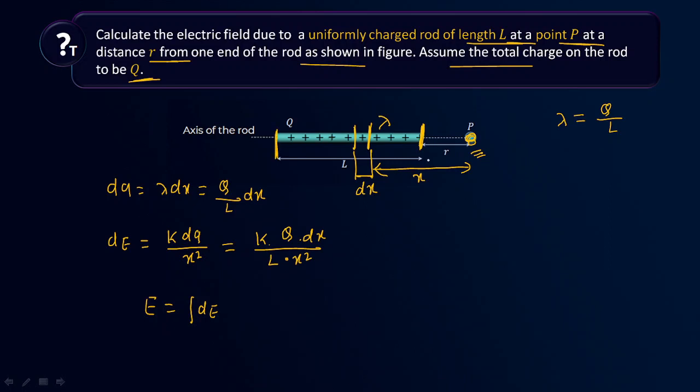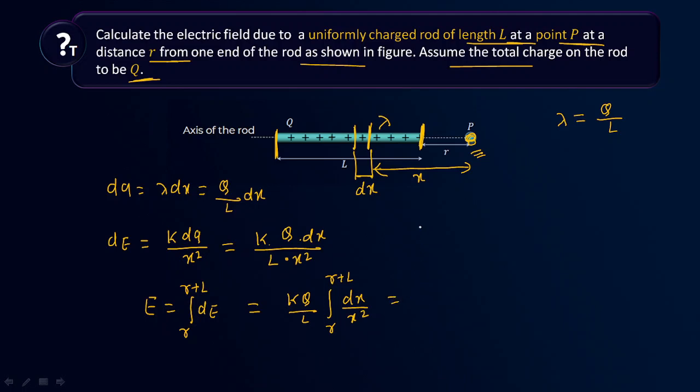It will be up to R plus L, right? So the limit should be from R to R plus L. So we can put the values. It will be equal to k Q by L times the integration of dx by x square from R to R plus L.